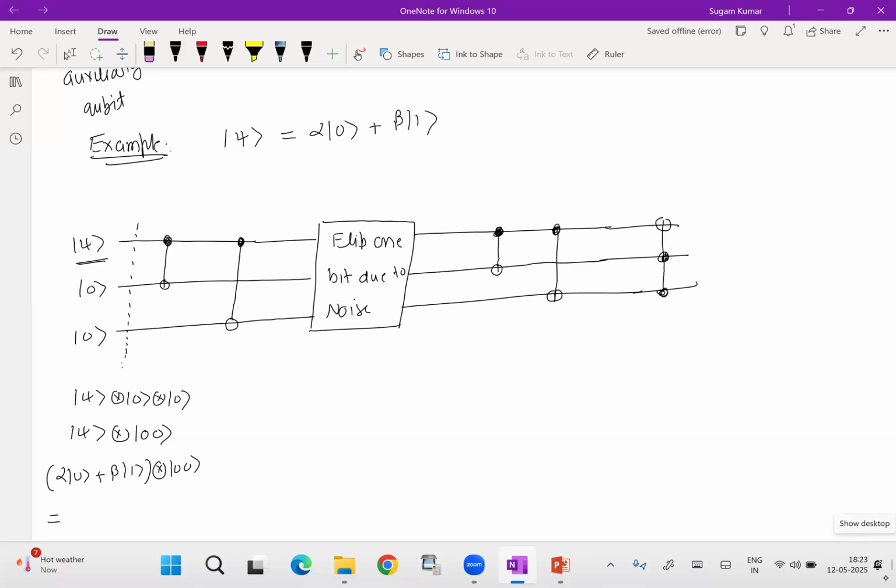Alpha. So you can see the wave function here, let me call it phi. I can denote my next wave function phi as nothing but alpha times 0, 0, 0 plus beta times 1, 0, 0. I hope it's clear to everybody.